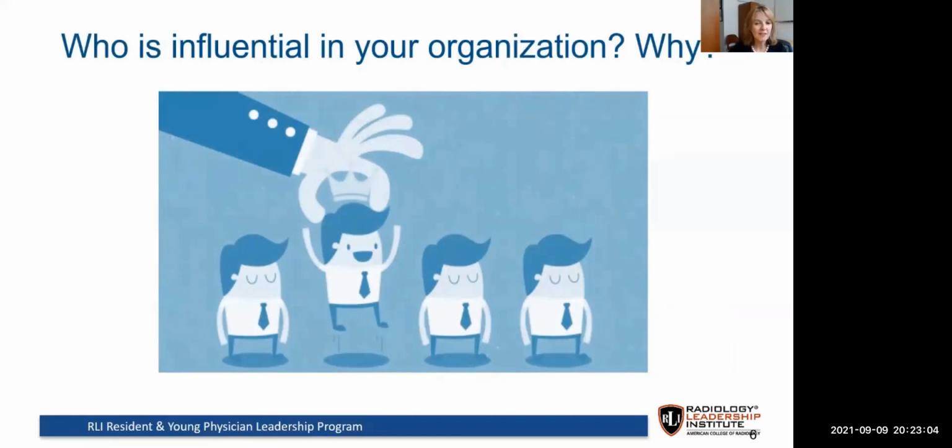Now, of course, when we have this discussion, and I think this cartoon speaks nicely to it, we know whether it's in the profession of radiology, in academic leadership in medicine, in leadership in business in general, too often what we've seen is people are influential in organizations because they are a cultural, demographic match for those who are already in leadership.